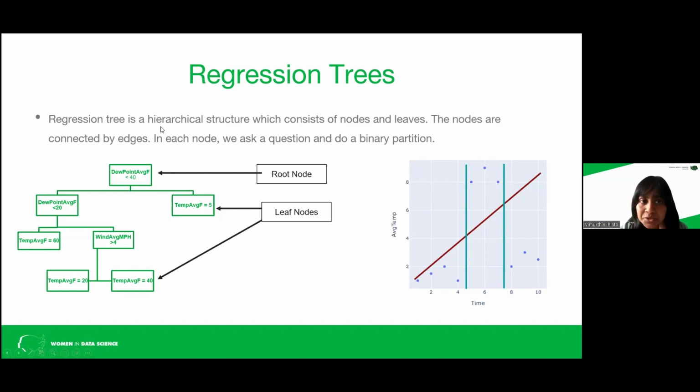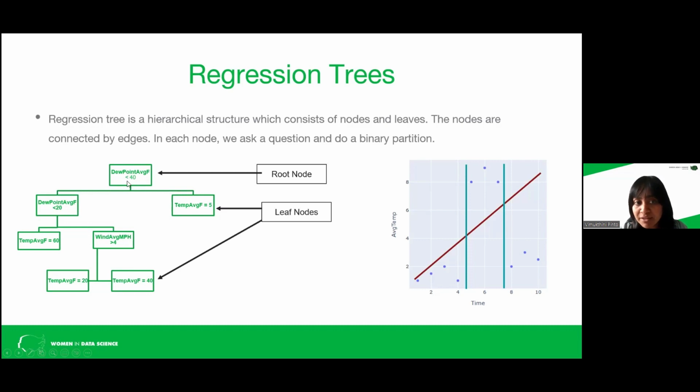A regression tree is a hierarchical structure, and it consists of nodes and leaves. These nodes are connected by edges. So for example, I have plotted this one. Let's say we want to predict the temperature, and we ask the question, is dew point average less than 40? If it's yes, we ask the question again, is it less than 20?